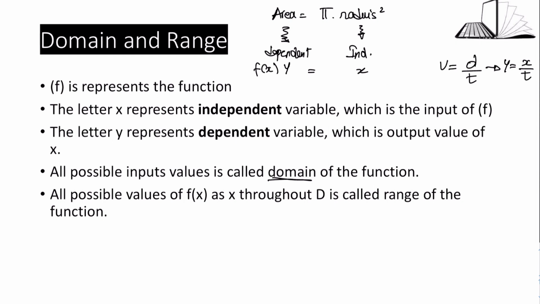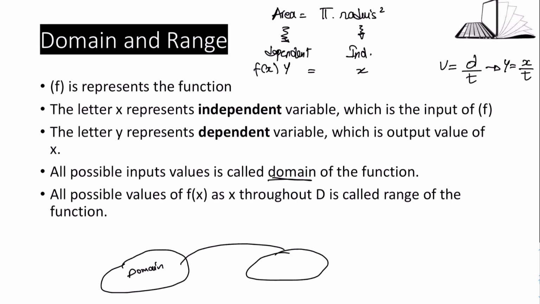Now, I just want to say that if we put the domain into the function, the function gives us a value in the range. For example, in our case, the area is equal to pi r squared. If we know the radius, we can get the area.